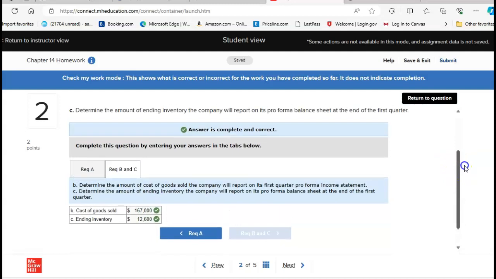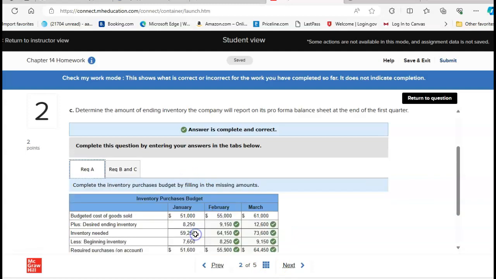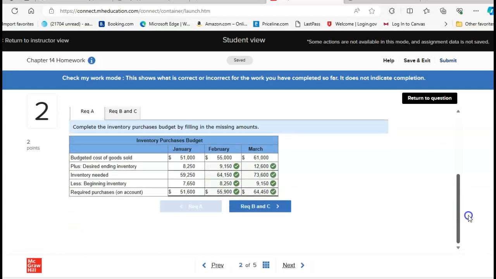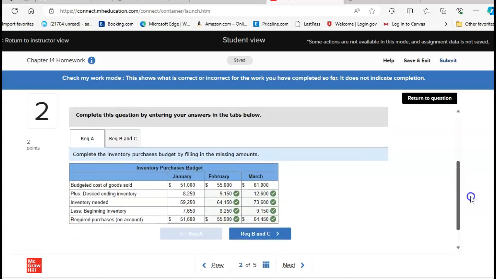And those amounts are correct. So on requirement A, we prepare our inventory purchase budget, and we use that information to determine our cost of goods sold for the quarter, as well as our ending inventory amount.